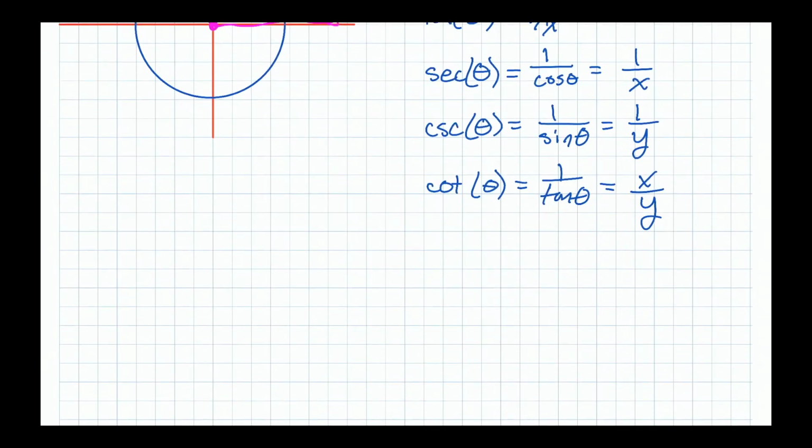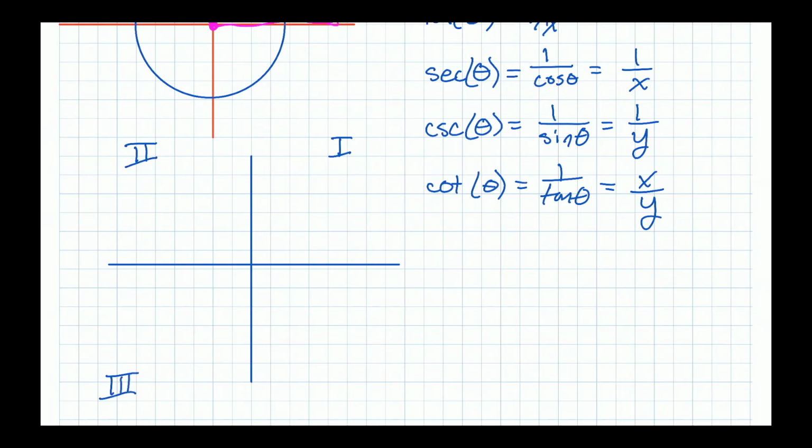So let's look at a set of axes again, but with less writing on it. Okay, so we have quadrant 1 here, quadrant 2 here, quadrant 3 down here, and then quadrant 4 here. Now, in the first quadrant here, the x and the y values are both positive, right?